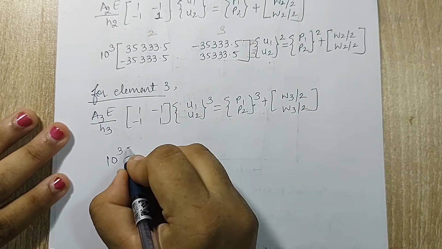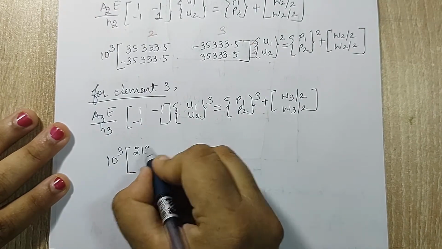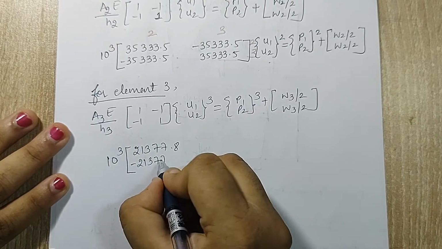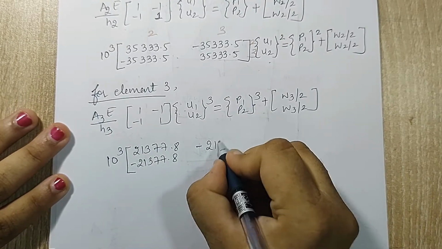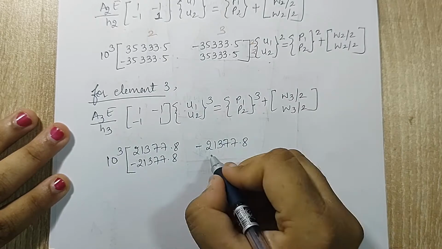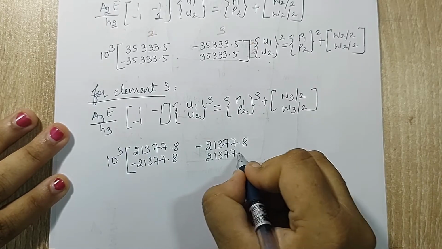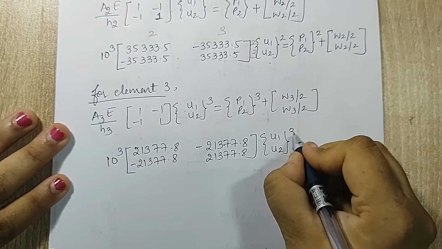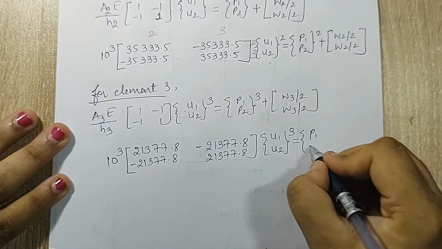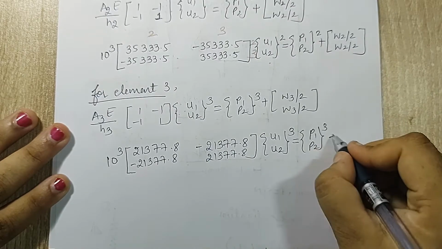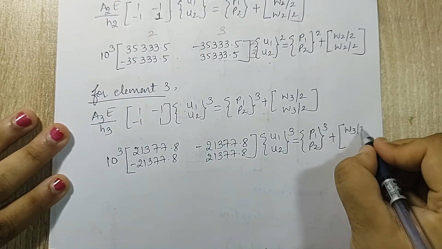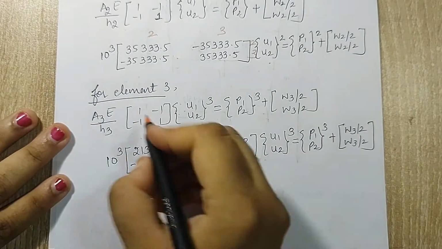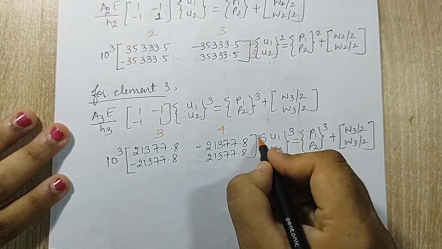When I solve this, I get a 10 raised to 3 common, and this value is 21377.8. Element 3 is between node 3, 4.